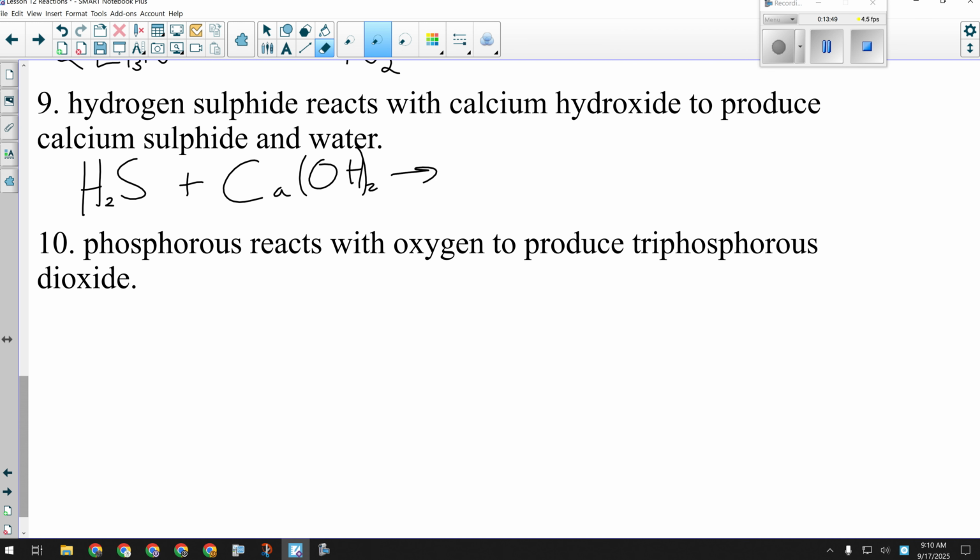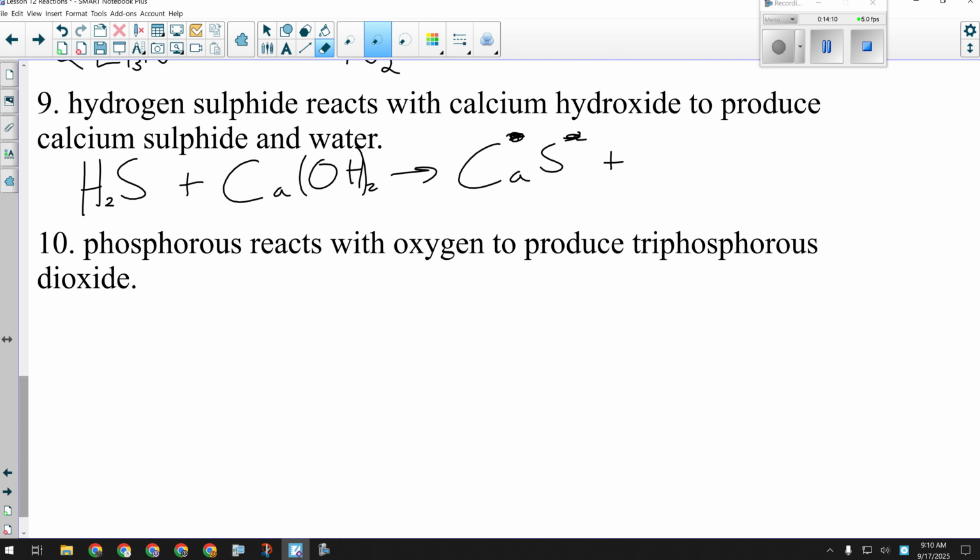And that is going to produce calcium sulfide. Ca 2+, sulfide 2-. Those are good. And water. Now, how should I write water in this one? Should I write it as H2O or HOH? HOH.